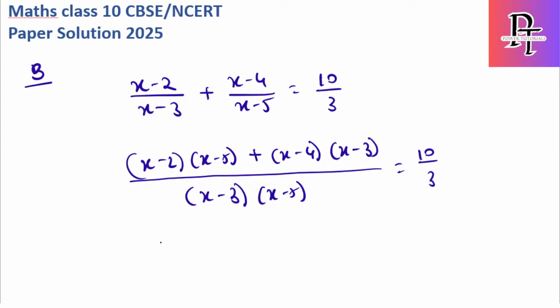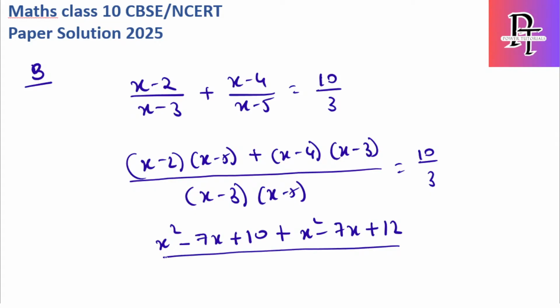So this becomes x square minus 2x minus 5x, so directly I'm writing minus 7x plus 10, plus x square again minus 7x plus 12, by x square minus 8x plus 15 is equal to 10 by 3.